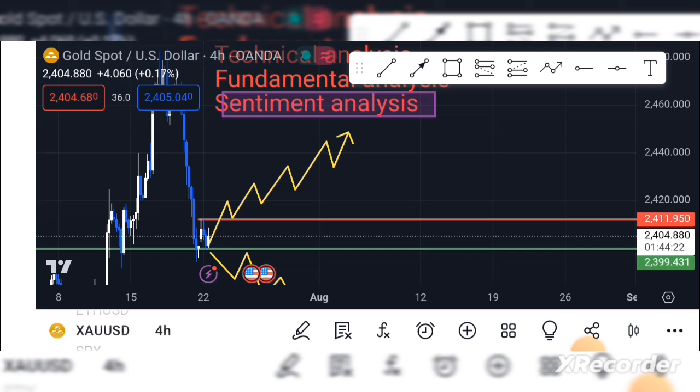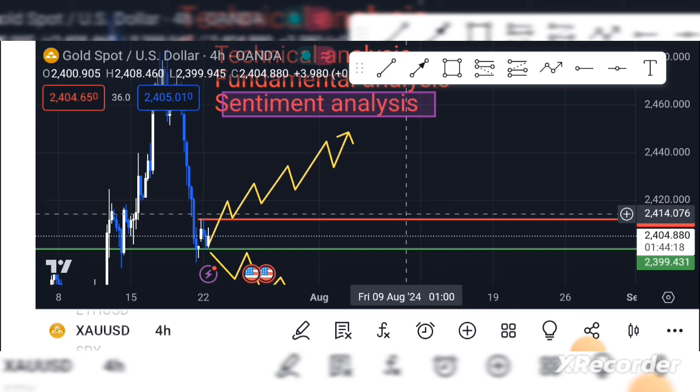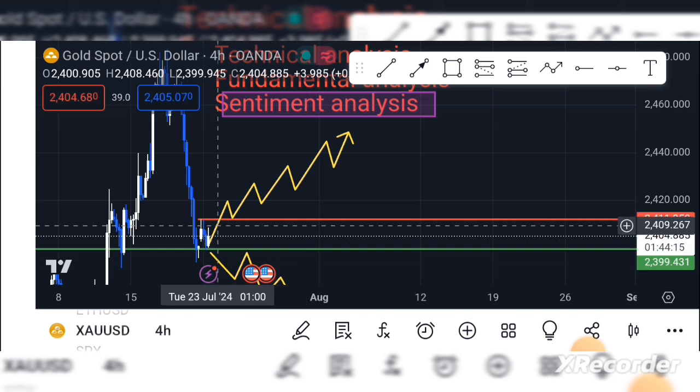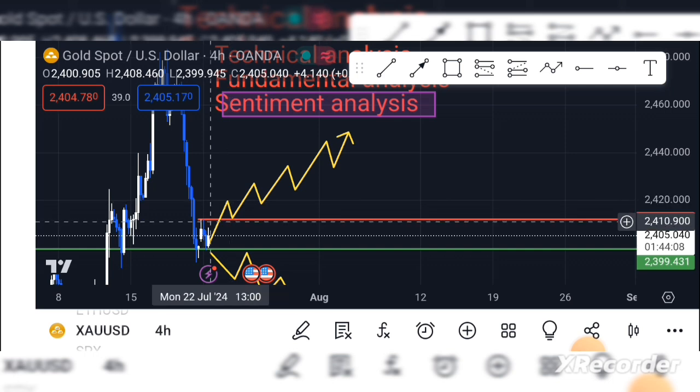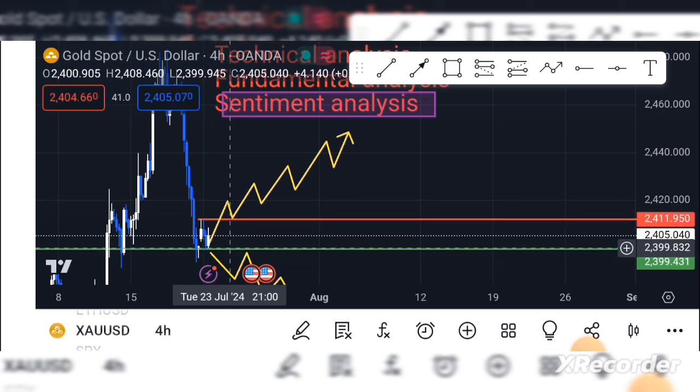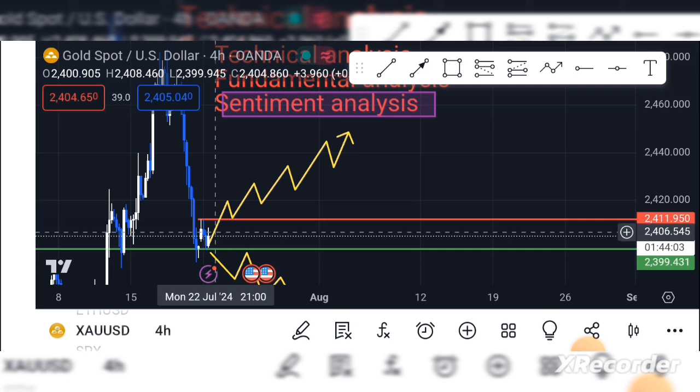The pro traders will wait for the market to break out from here. One of the best keys to successful trading is patience. This is the highest swing high, this is the highest swing low, and this is the lowest swing low.